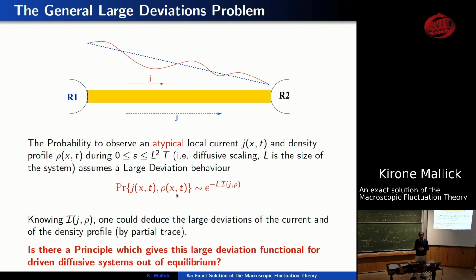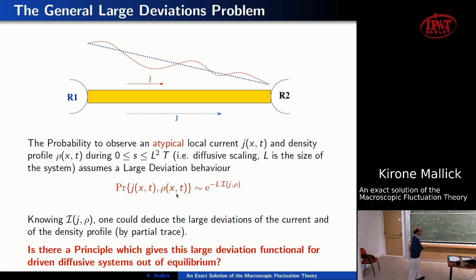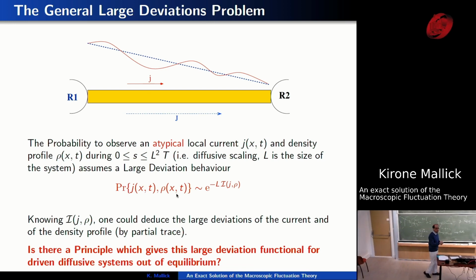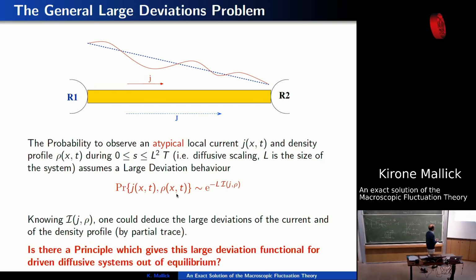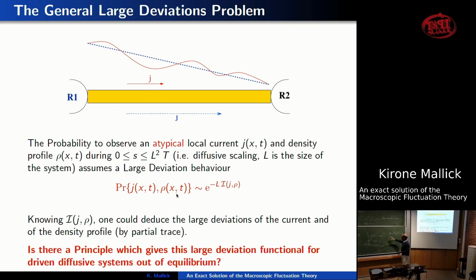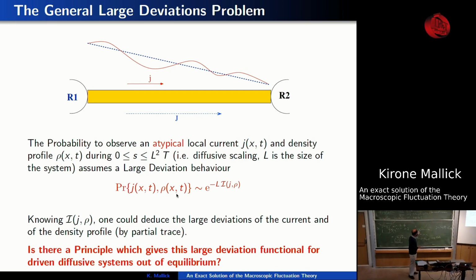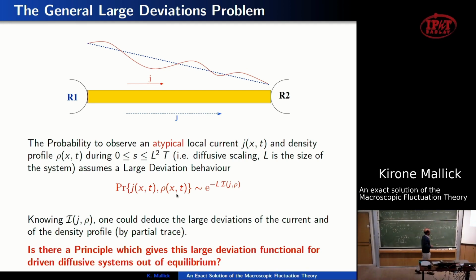And this functional contains the statistical information about your currents and your densities in your system. If you know this I of J and rho, then you could compute these path integrals. You could compute the probability of having a rare event of a very high density or a very low density.